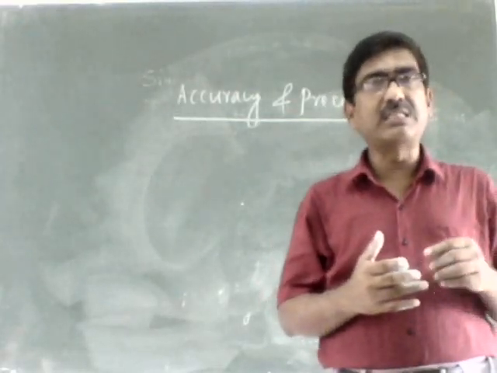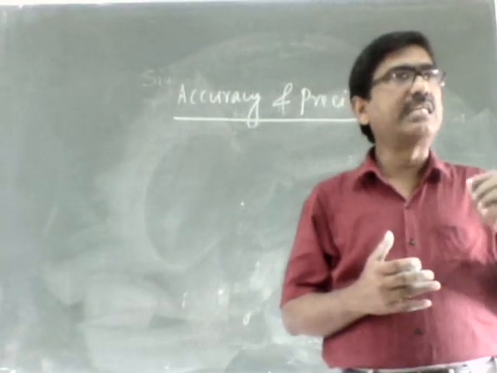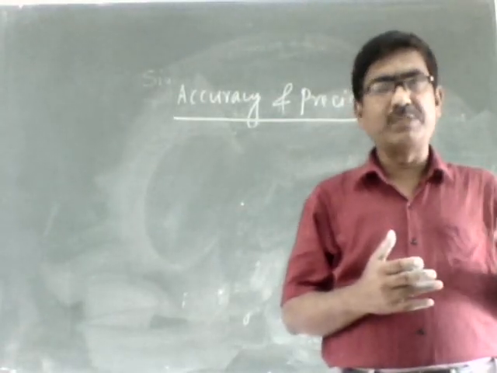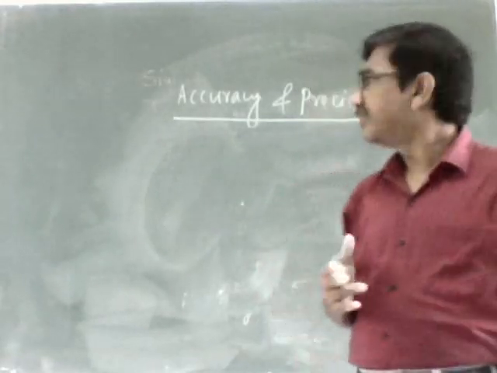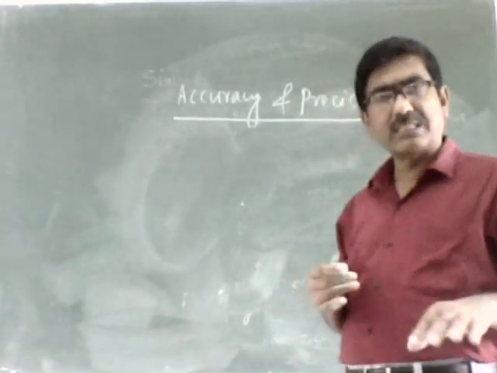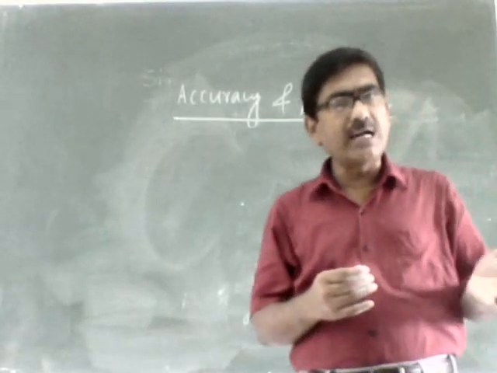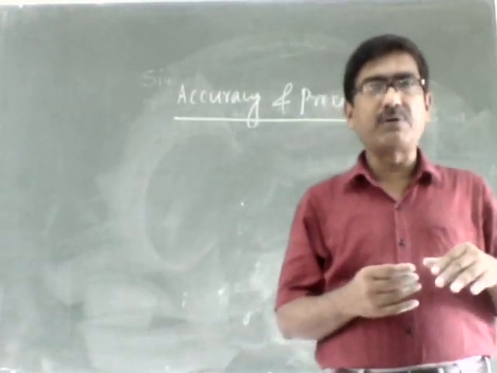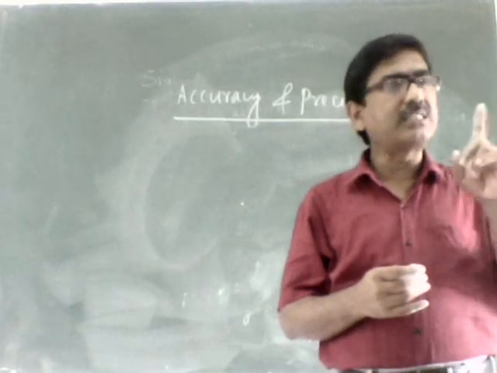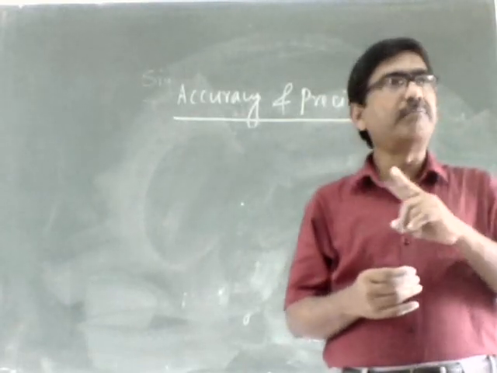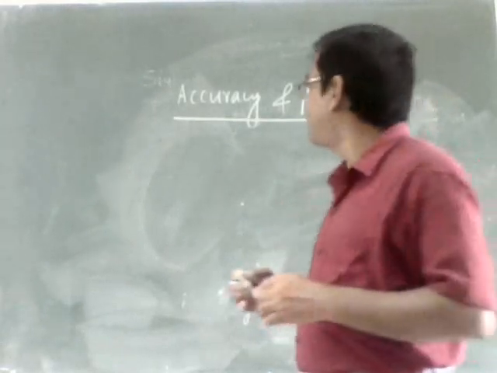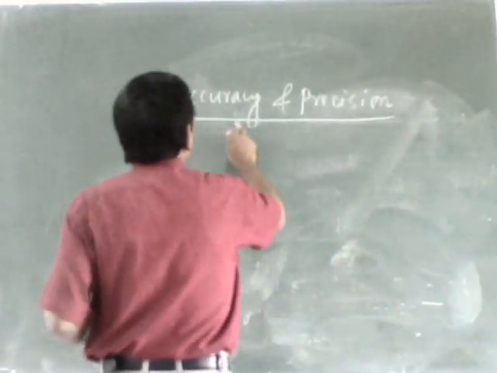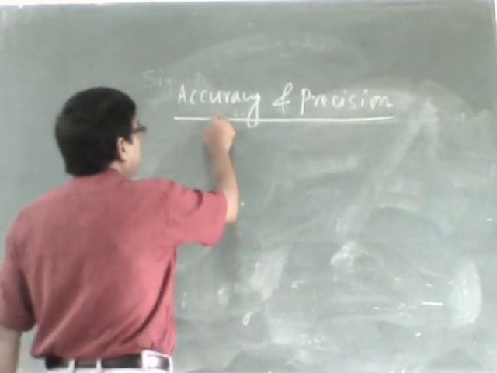Accuracy is the degree of closeness of the measured value to the true value. And precision is up to what limit a physical quantity is measured. Precision mainly depends on the measuring device or instrument.